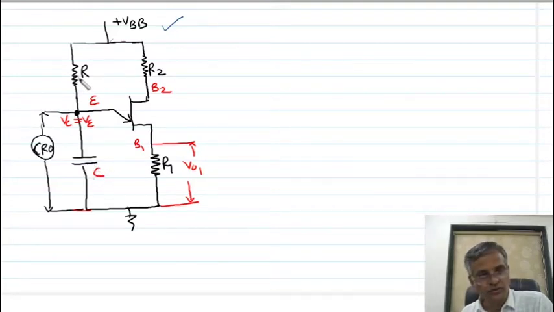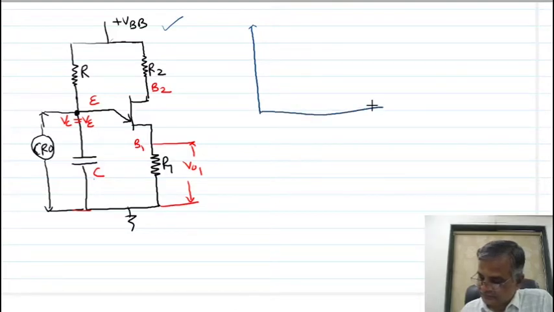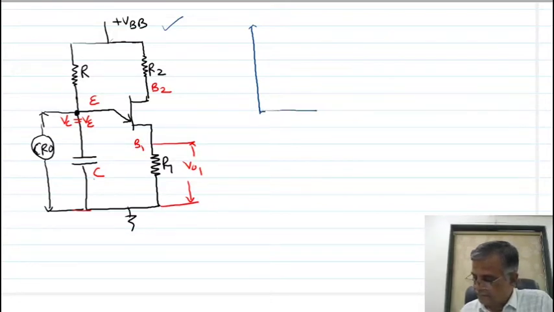So I am showing you the graph of charging of a capacitor. Look here. This is time. This is the emitter voltage, or you can say VC voltage.